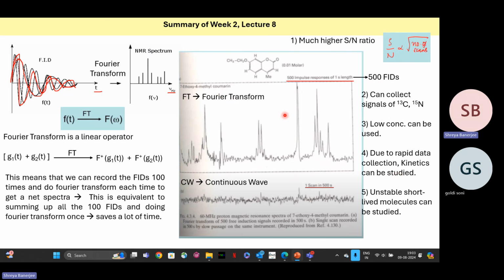Finally, if you have unstable short-lived molecules, if you try to measure that NMR using the continuous wave process, the molecule itself might degrade before you get the NMR. But because the Fourier transform process is so fast, it can measure the NMR even for unstable short-lived molecules. So these are all the advantages of the Fourier transform NMR over the continuous wave NMR.